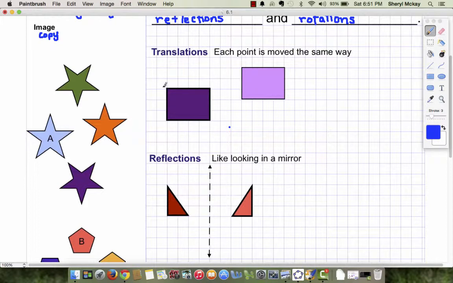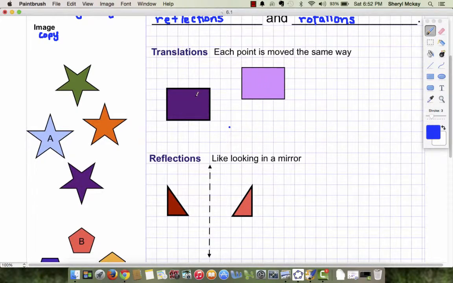Each one is moved the same way. It's basically taking it and sliding it over. All right, so this dark purple is our pre-image, and our image is this light purple.